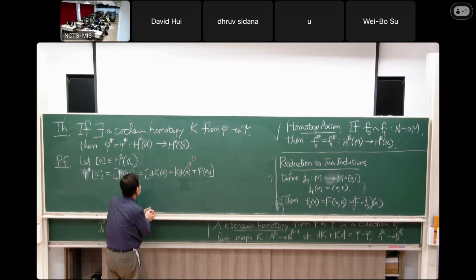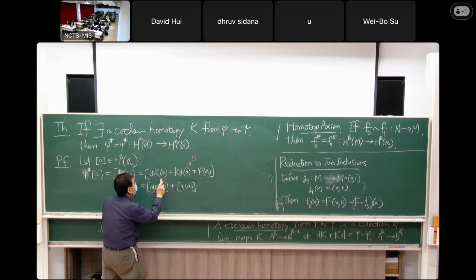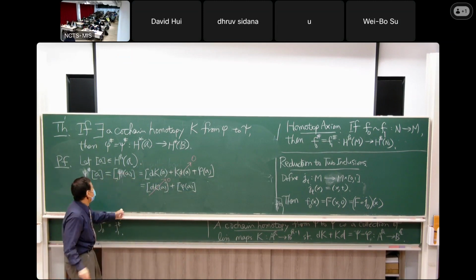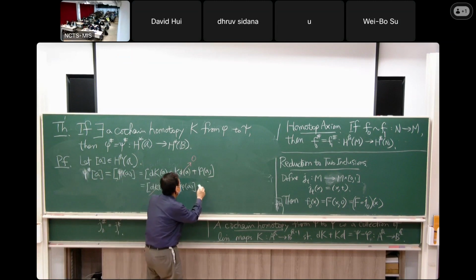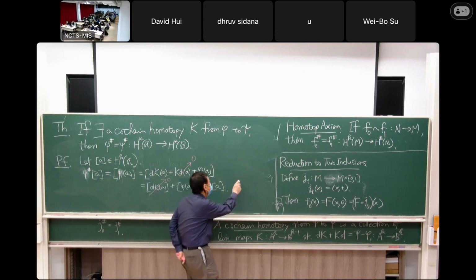So you have this, and this is 0, the class of an exact form. And this is phi hatch of the class of A. So you see that the two maps are equal in cohomology, okay?